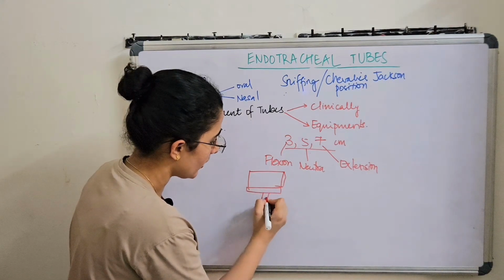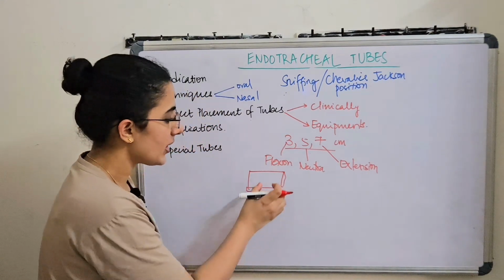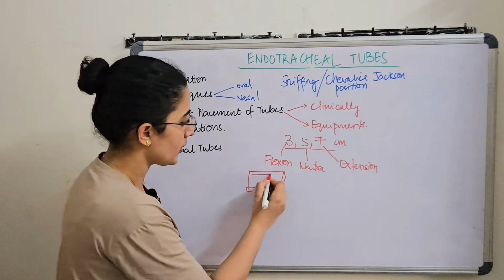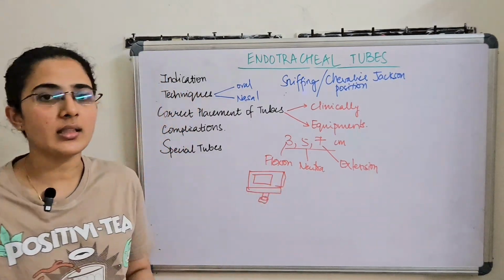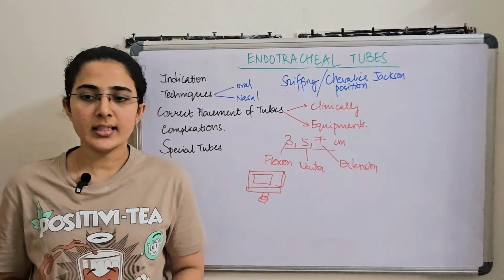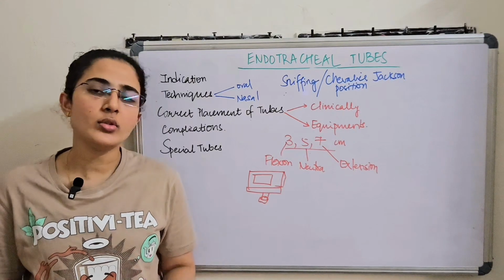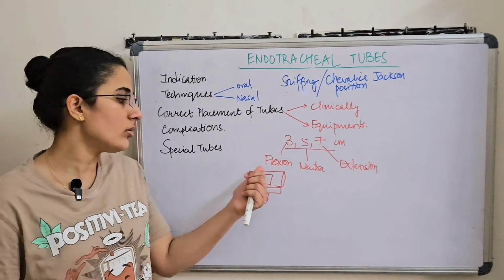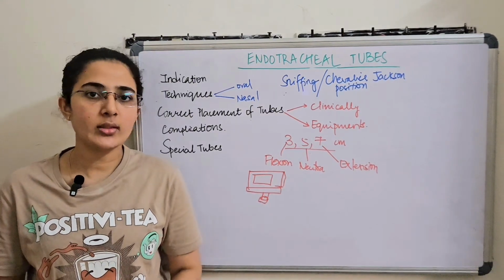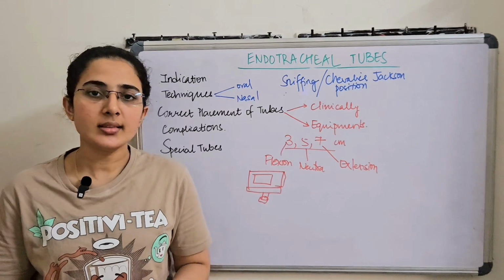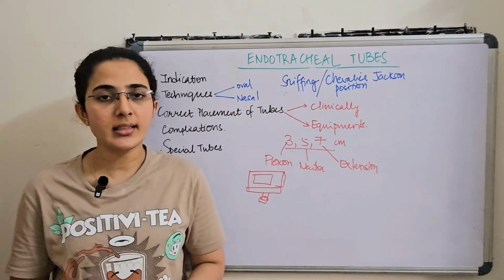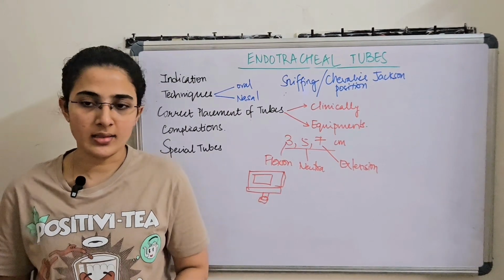These are all color coded. Whenever we connect the endotracheal tube to this detector, there will be a color change, from blue to green and then to yellow, based on the EtCO2 concentration. This is one of the confirmatory signs that we are in the trachea.